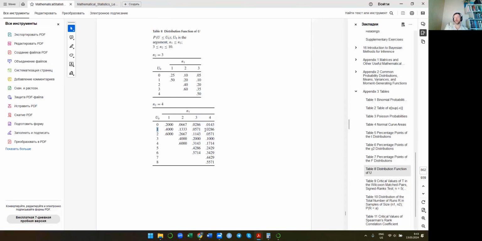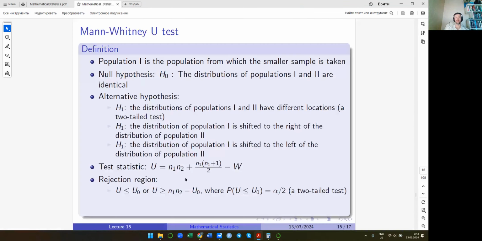We are looking for the closest value of probability here, which is .286, and U0 is 1. So that's how we got the rejection region on the previous slide, which was U is less than 1 and U is greater than 15, because it was 16 minus 1, exactly 15. This is for the two-tailed test.